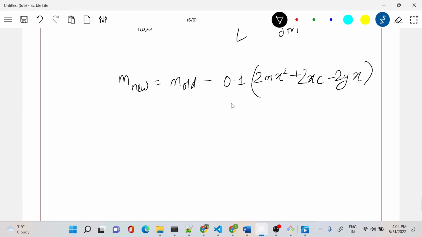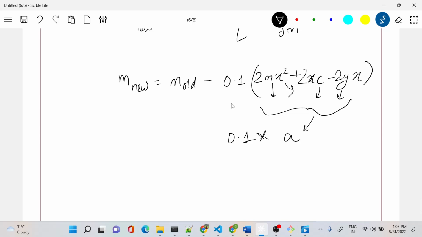We will put the old values of M and C here, and x is already known to us and y is already known to us, so we will get some value here which will be multiplied by 0.1. Suppose this value comes out to be a, because we know the old value of M, the x value which cannot be changed, the old value of C, and y, the output.